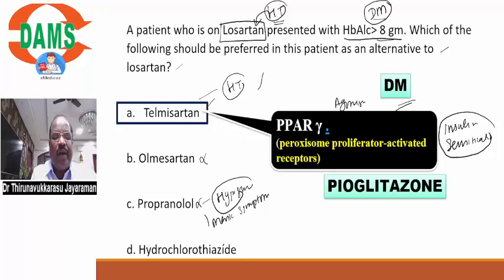Hydrochlorothiazide is not good because it itself causes hyperglycemia. So in hypertension with diabetes, better avoid non-selective beta blockers and thiazide diuretics. So in this question, the best answer is telmisartan.